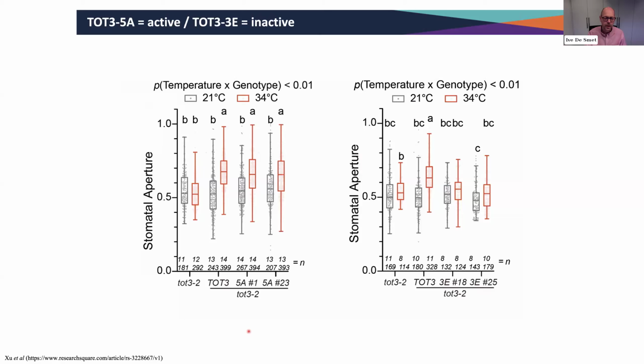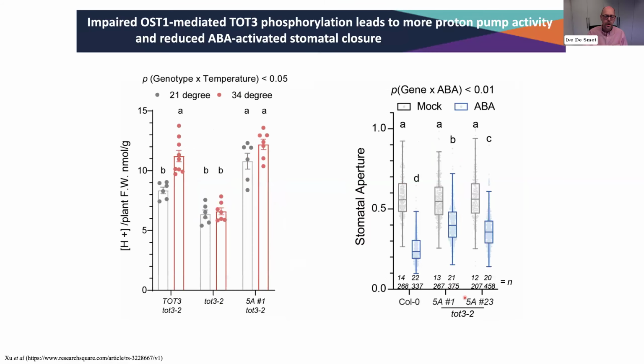So if we have a phosphomutant, which can no longer be phosphorylated and which is more active, this nicely complements the stomatal phenotype. If we have a phosphomimetic, we see that this is a less active protein, and this can no longer complement our TOT3 mutant. And we see this also reflected in the proton pump activity.